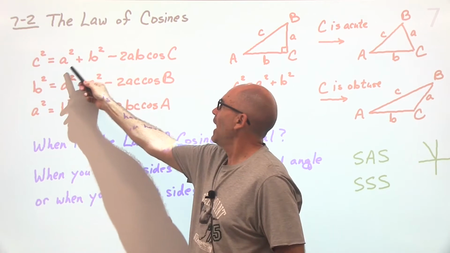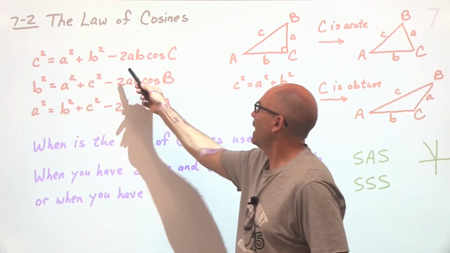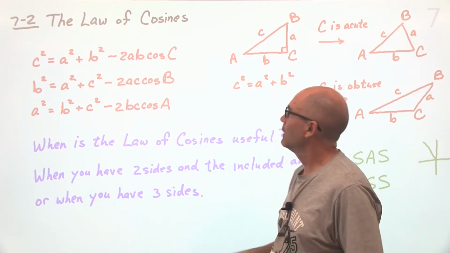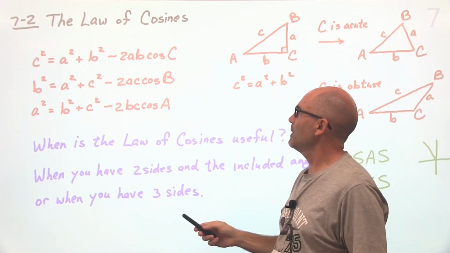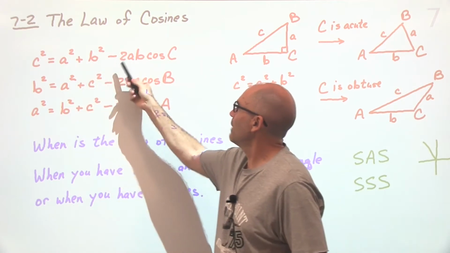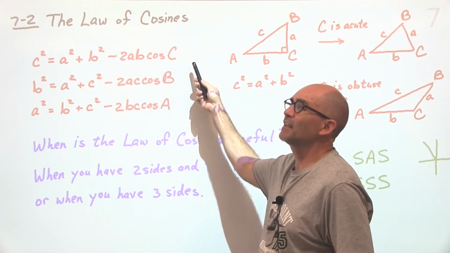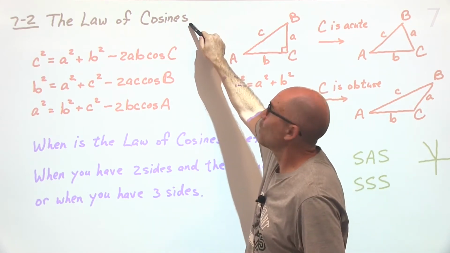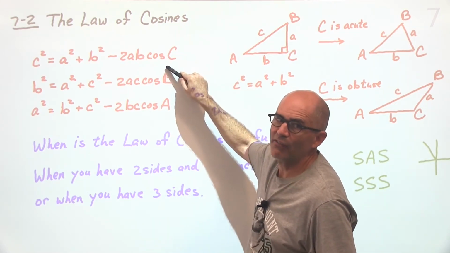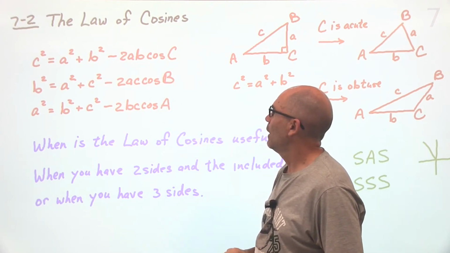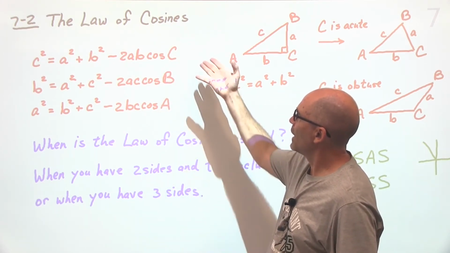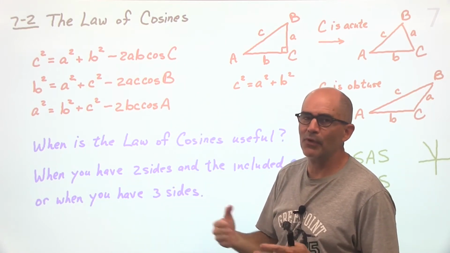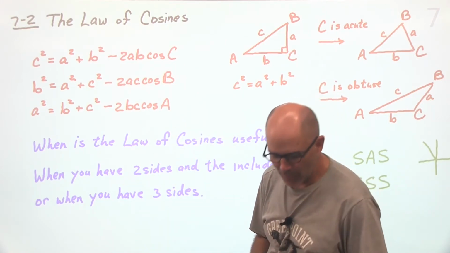I've seen people go a squared plus b squared minus ab cosine C. That's bad. I've even seen people go a squared plus b squared minus 2ab sine C. Now that's one of the worst ones. It's law of cosines, not law of sine. So, I would advise that you actually learn the correct law and don't try to come up with a new innovative way of screwing up.